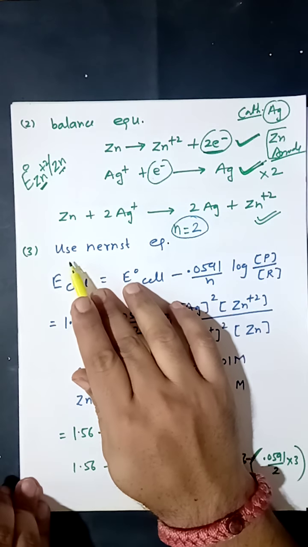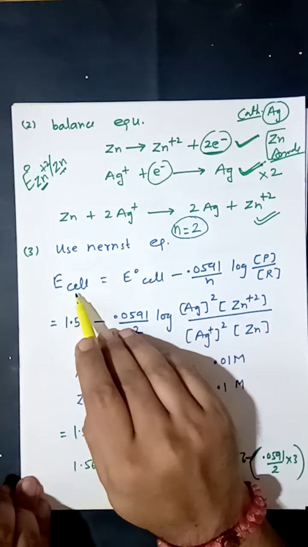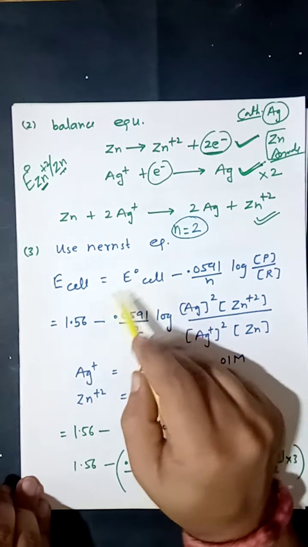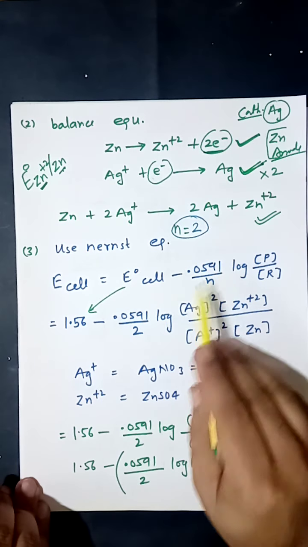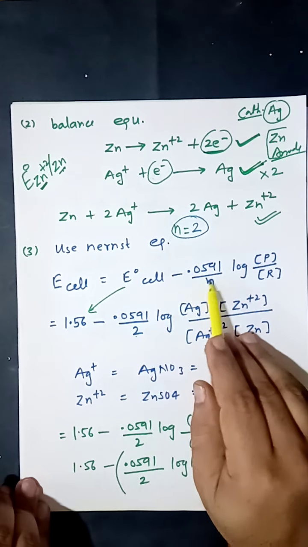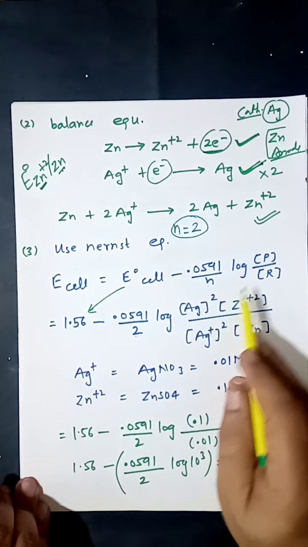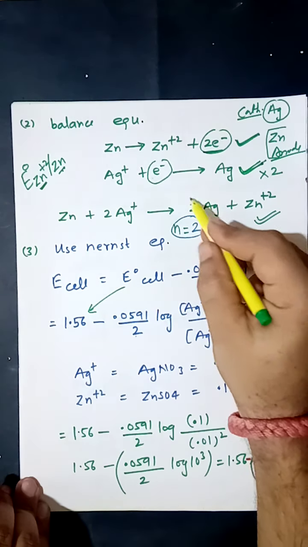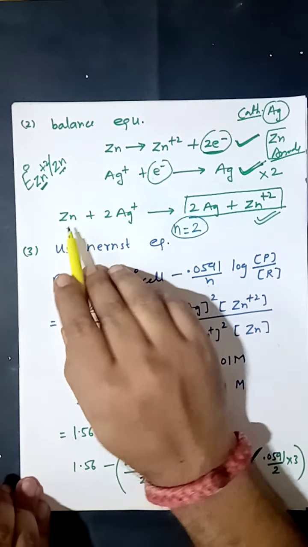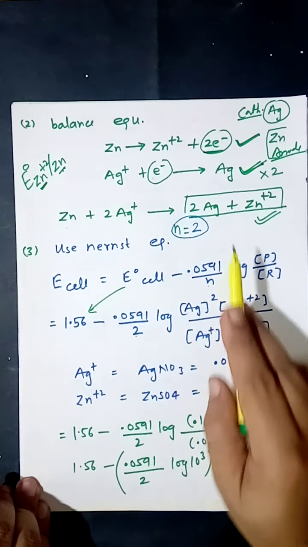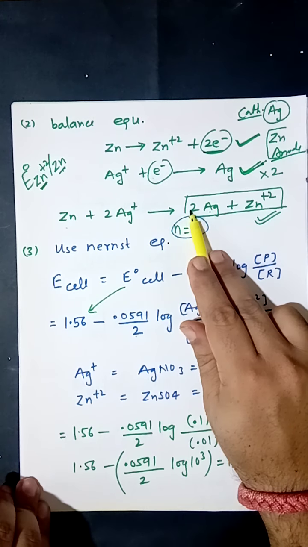Now third step, use the Nernst equation. We have to find E cell. E naught cell is 1.56, minus 0.0591 upon 2, the value of n, log product upon reactant. Now these are products and these are reactants. The first product is silver, power 2.